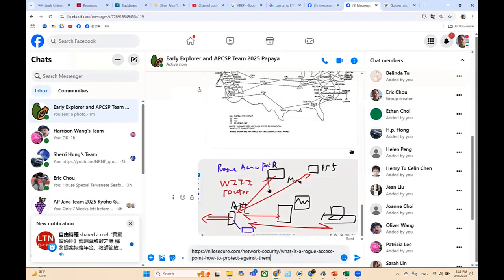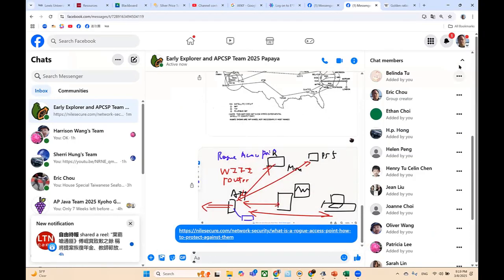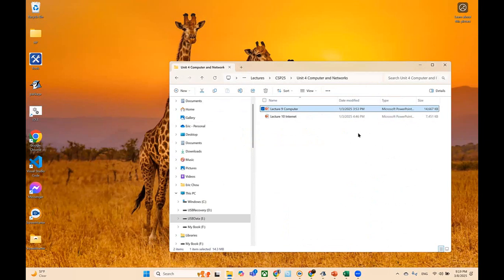Okay, this one is internet and location. So far we talk about intranet. Intranet is a network within a building. So you got a building.